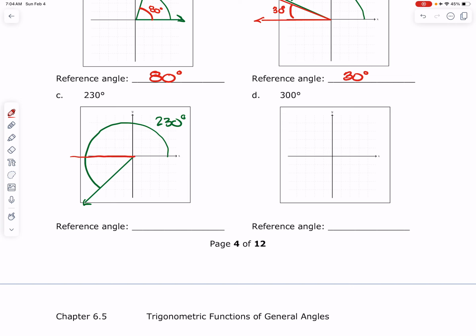So to figure this out, I'm going to figure out how far past 180 I have to go to hit 230. And that gives me a reference angle here of 50 degrees. So because I have passed my 180, I'm in the third quadrant, I could subtract to find my reference angle of 50 degrees.